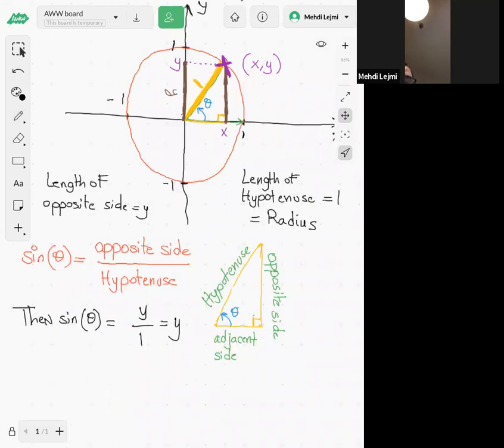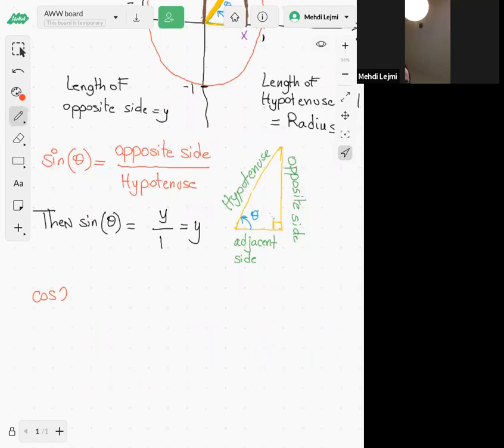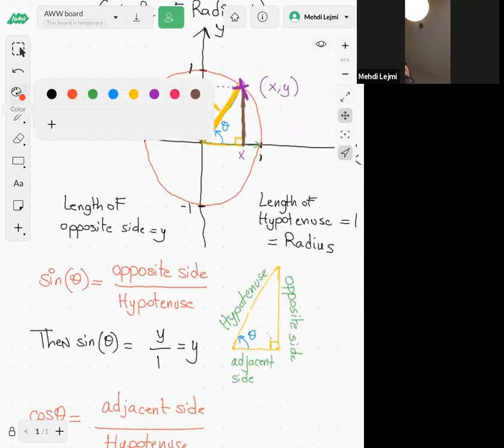Now, what about cosine? By definition, cosine is the length of the adjacent side over the hypotenuse. Now, what's the length of the adjacent side? The adjacent side is this side here, right?